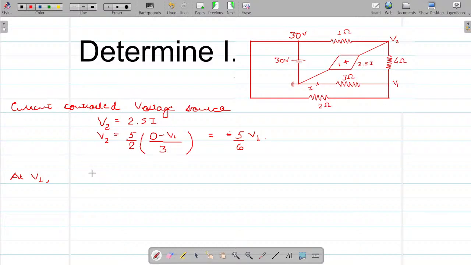I am writing the current in 2 ohm resistor. And please remember, these are all outgoing currents, so you have to take the magnitudes accordingly. Plus current in the 4 ohm resistor equals 0. Can I write this? Right?